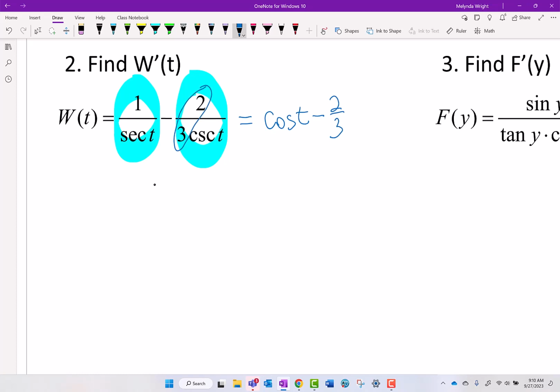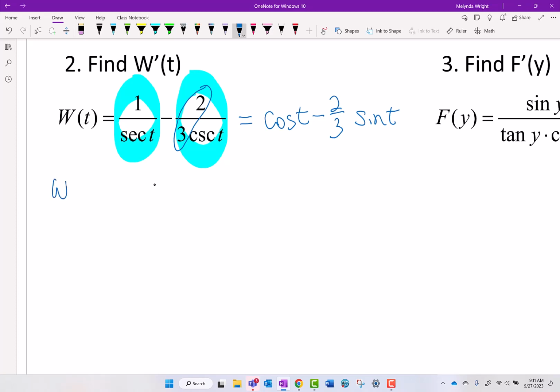We don't need to be concerned with it. I'm going to pull it out front. It's a constant. And 1 over cosecant, we know from our work in trig, is sine. So I'm going to change it. That's going to make my life much, much easier.